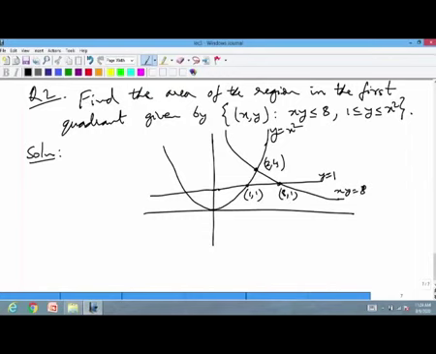Now, what is the region? So, region is given in the first quadrant by x y less than or equal to 8. Let me draw this x y less than or equal to 8 in this yellow.